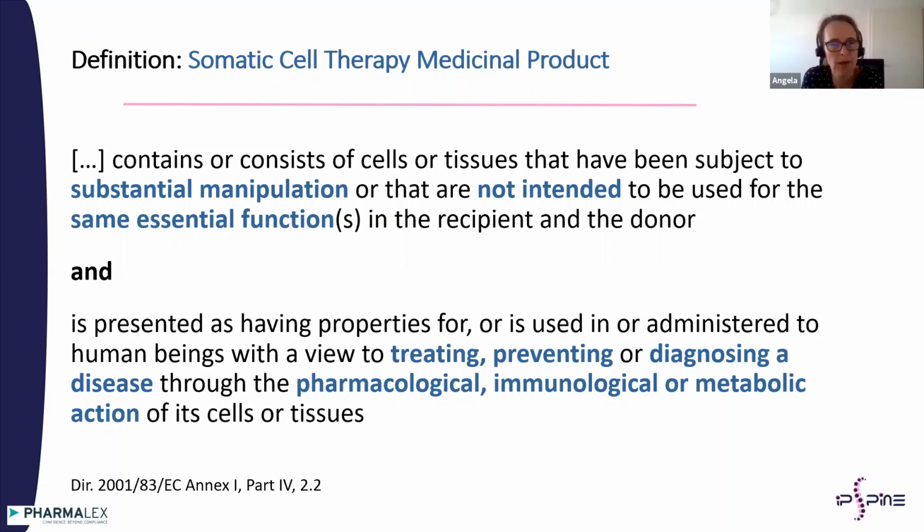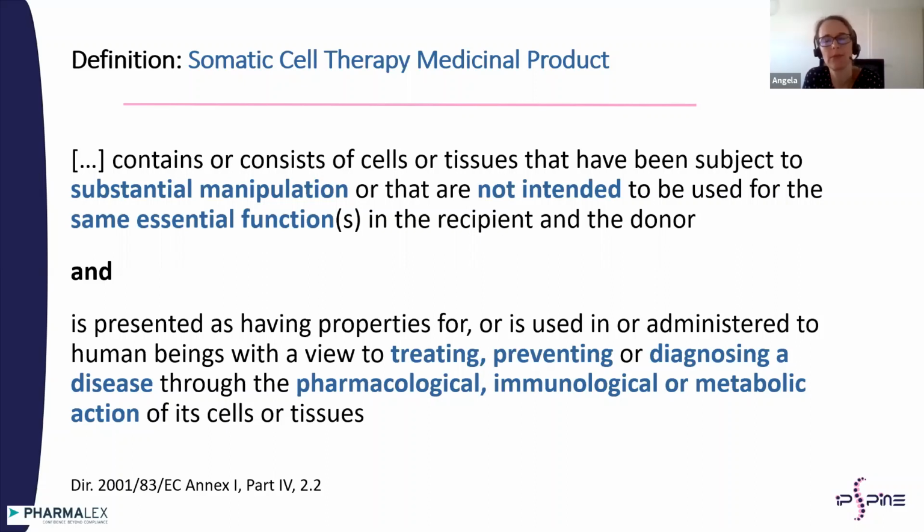Part 2 of the definition says that these products are presented as having properties with a view of treating, preventing, or diagnosing a disease through the pharmacological, immunological, or metabolic action of its cells or tissues. This is nothing new either.